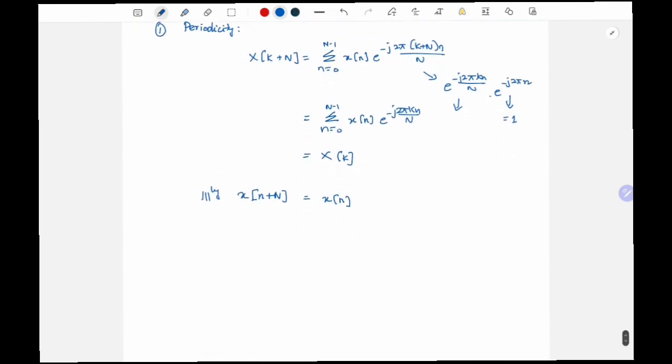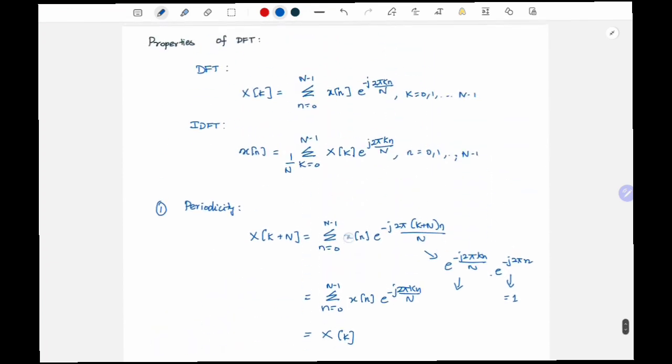And second is my linearity property. So I'll just define the convention. x[n], I'll say DFT takes it to X[k].